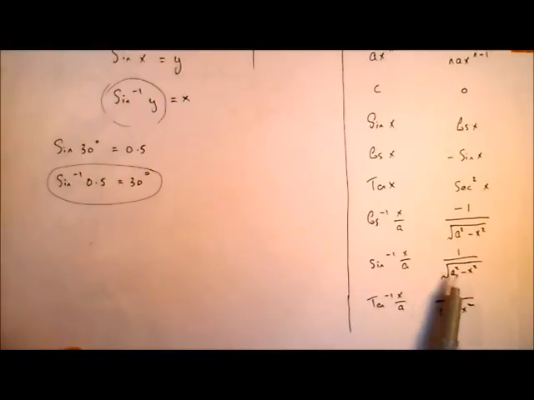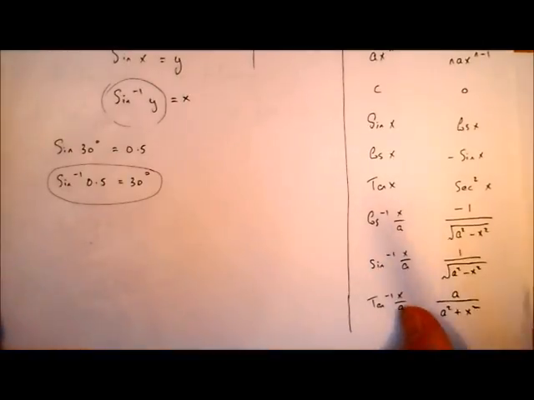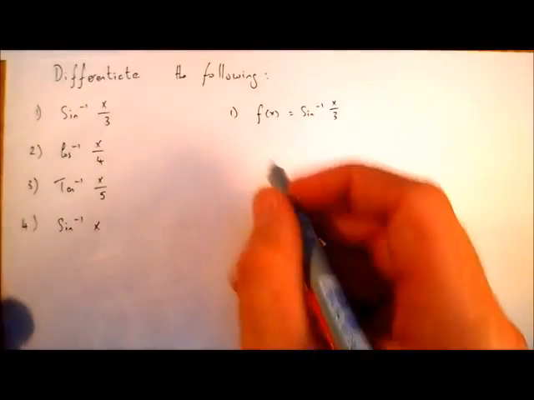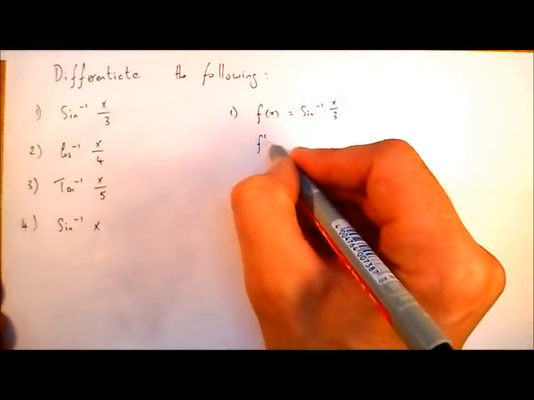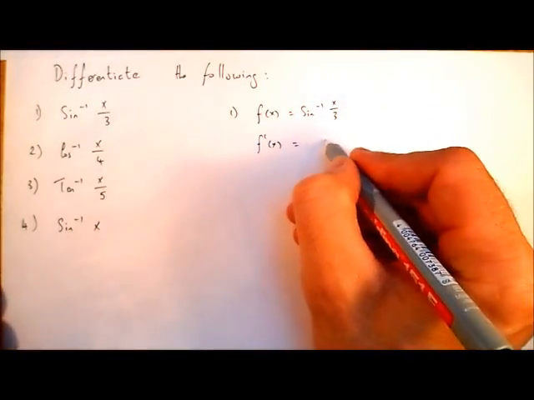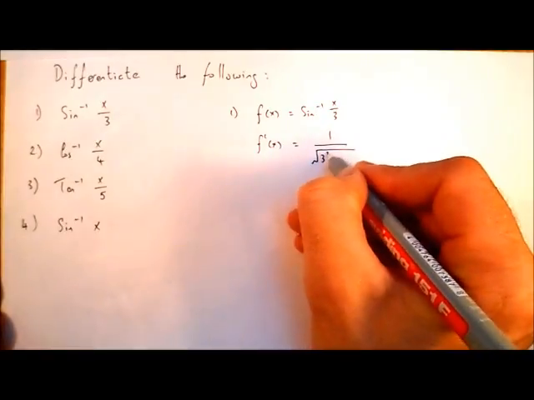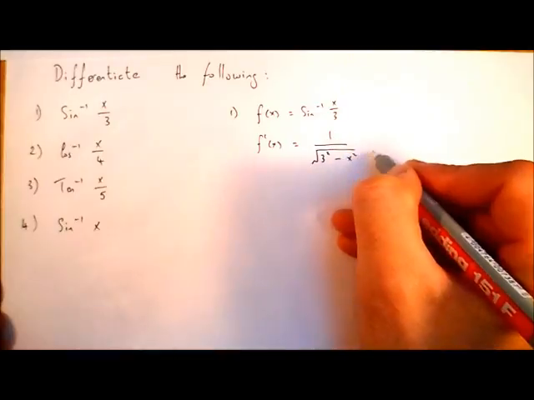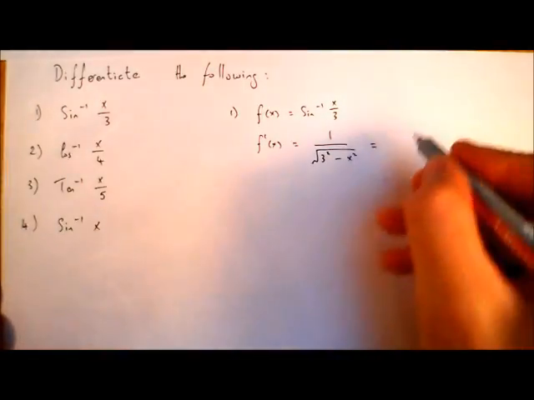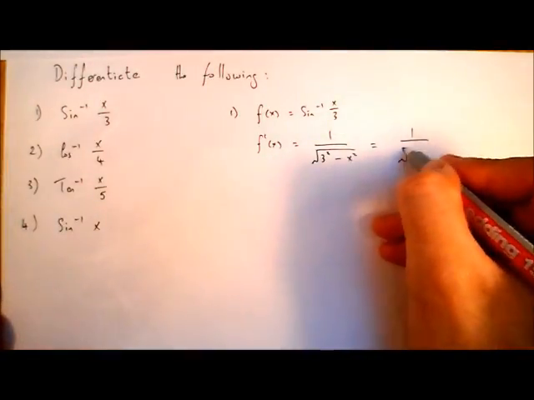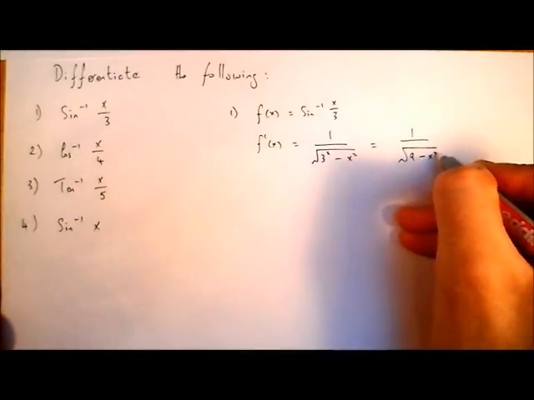Anywhere there's an a, I just fill in 3. So f dash of x will be 1 all over the square root of 3 squared minus x squared. I can tidy that up. 3 squared is 9, so I get 1 all over the square root of 9 minus x squared.